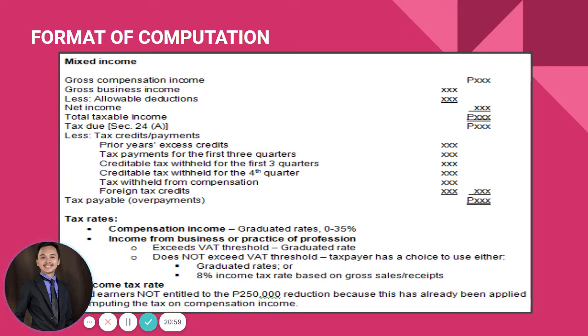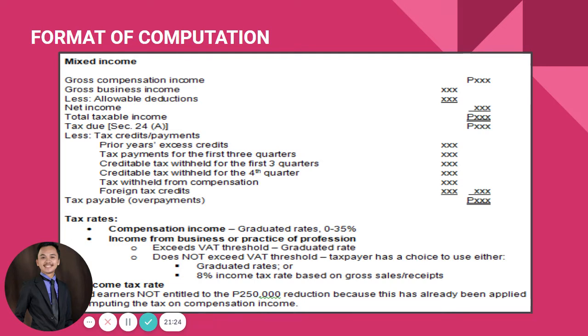So, kung nag-opt siya to be taxed at 8%, then there will be two computations. First is the computation of your tax due from compensation income using the graduated table, and the computation of your preferential tax rate of 8% based on the gross sales or gross receipts from business or from practice of profession.